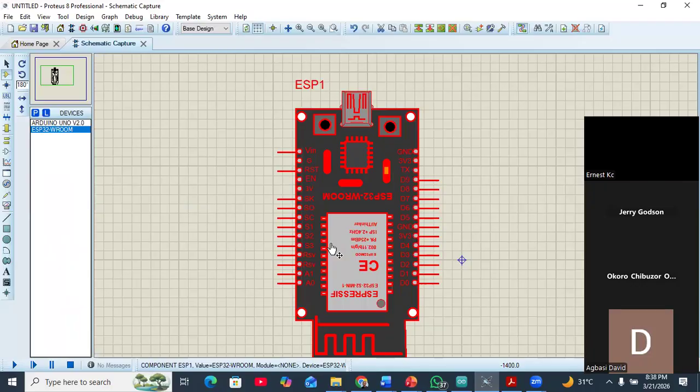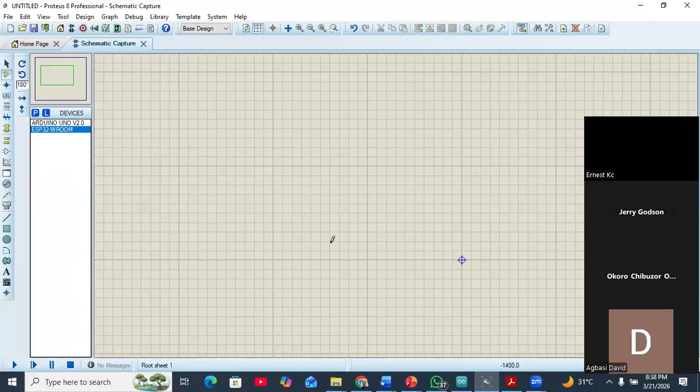Let's start with Arduino. This is Proteus Professional. The essence of this course is not to teach you how to use Proteus Professional. It's just to expose you to what is existing so that at least you know what you can use to realize your project, and then devote time to study them further.